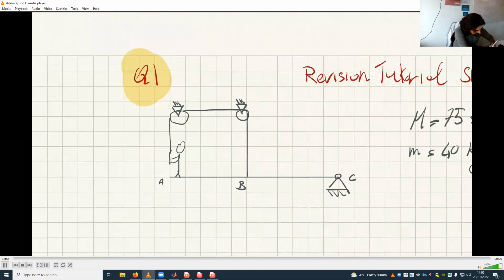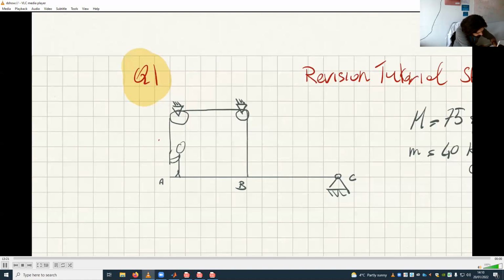And we know that this man is holding onto the rope, and is exerting a force on the beam. The force that he is exerting is his own weight, and the beam is reacting with a normal force on him. So let's start by doing the free body diagram of the man.